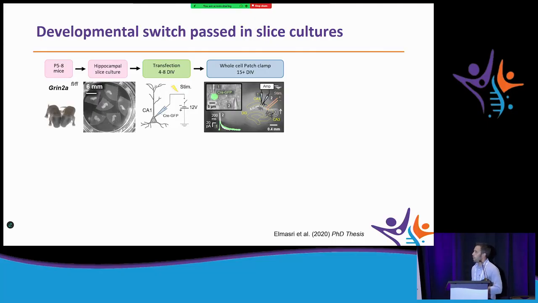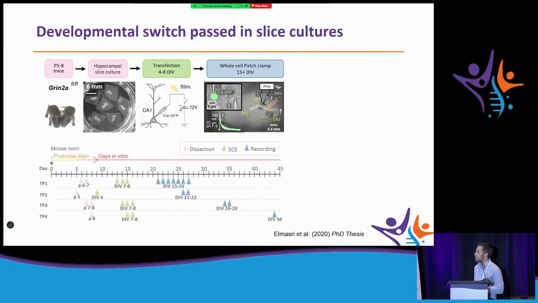Now, when we do this, in some preliminary work for knocking out the GRIN2A subunit, we had done some experiments looking at recordings at different time points, essentially postnatal days plus the days in vitro.